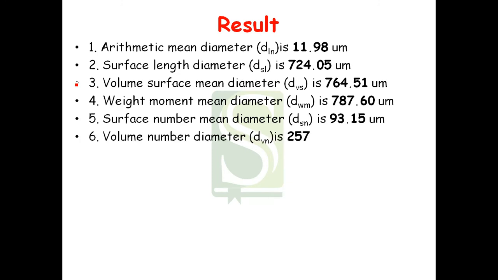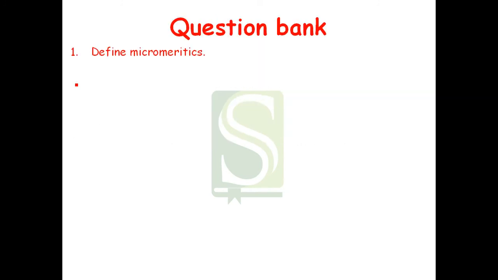Surface number mean diameter was found to be 93.15 micrometers, and volume number diameter was found to be 2575.63 micrometers.